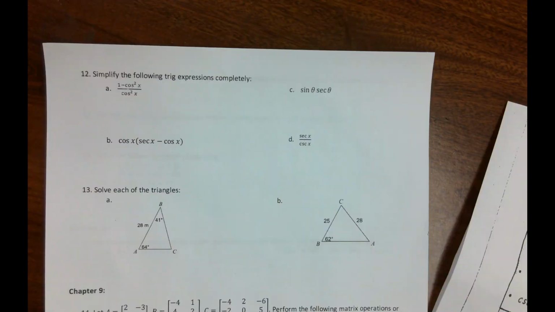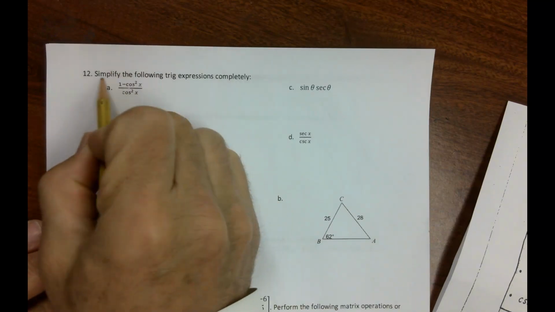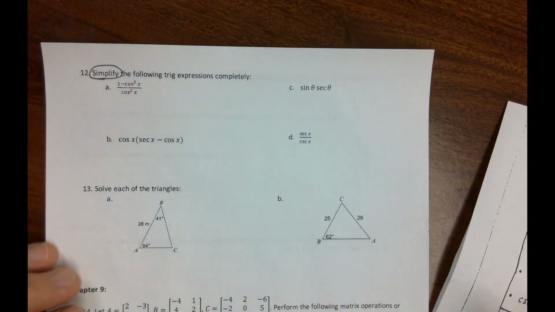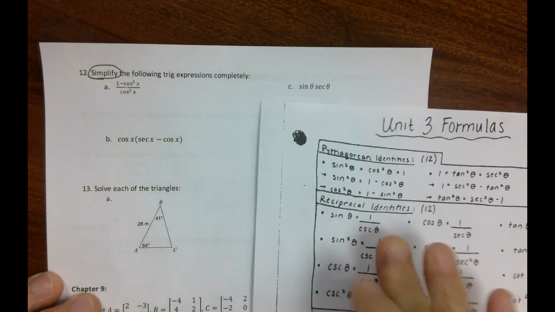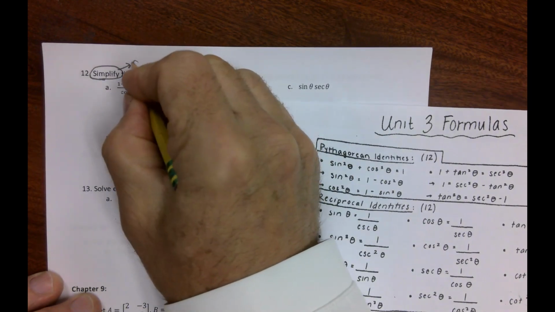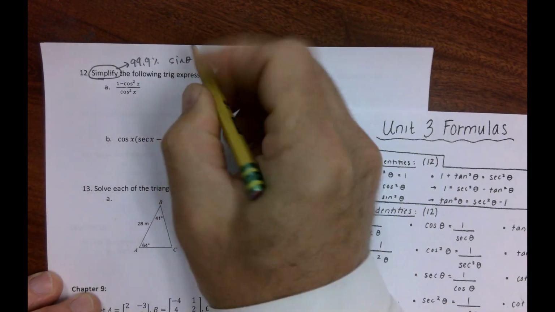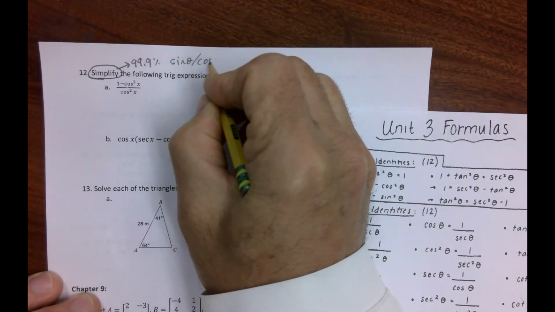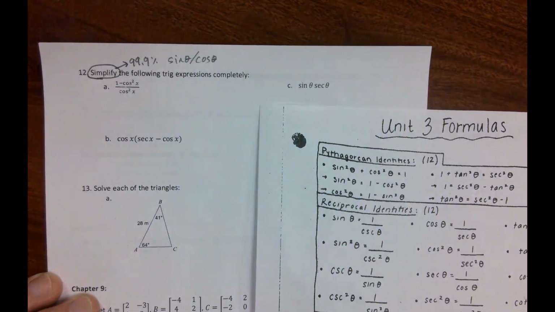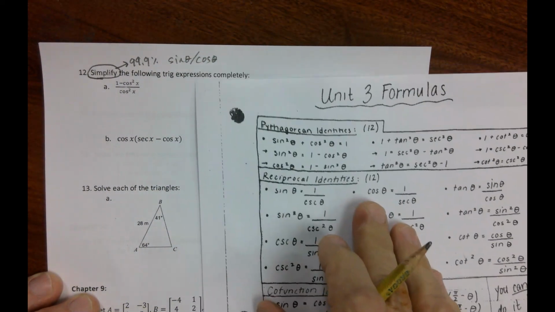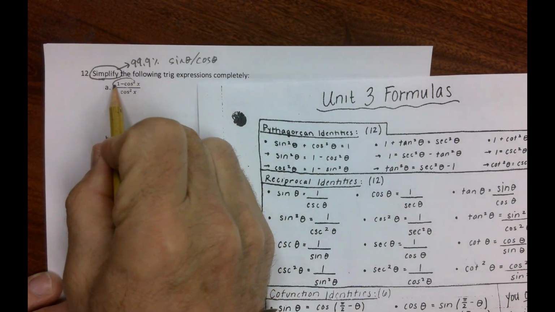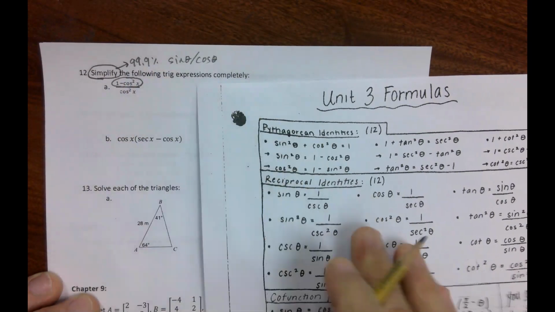All right, so number 12. The old simplifying ones. Seems like you either love these or you hate these. So my helpful hint is 99.9% of the time you don't change sine and you don't change cosine. If you keep that in mind, these work out a lot better. So what I'm going to concentrate on is the numerator here and see if I can find that.